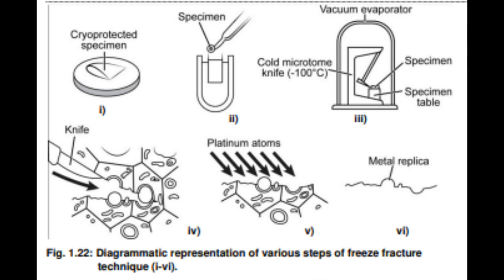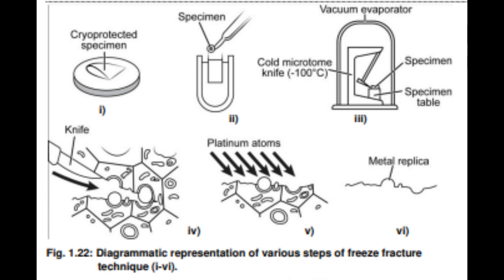The tissue is subjected to vacuum, which results in sublimation of water from the fractured surfaces. This removal of water produces an etching effect. This etching will cause small areas of the cell surface around the periphery of the fracture face to stand out against the background.